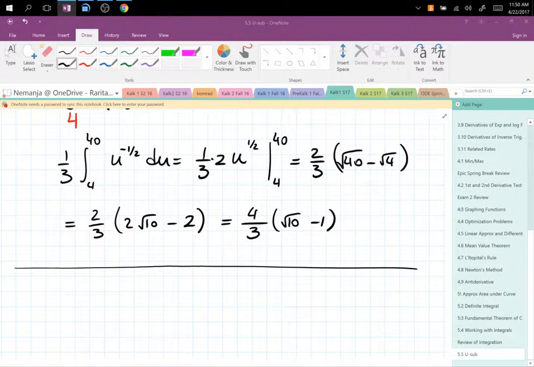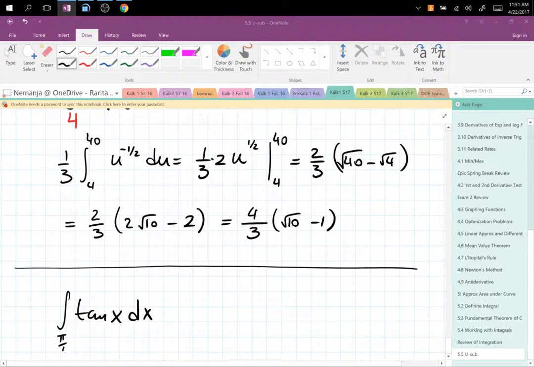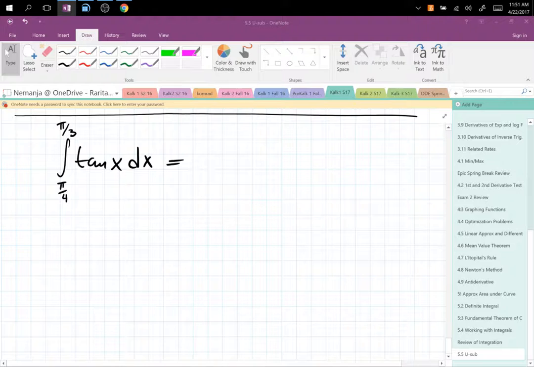But I'm really interested in the integral of tangent x dx from pi over 4 to pi over 3. How would you solve this? We have to integrate and then plug in. Yeah.